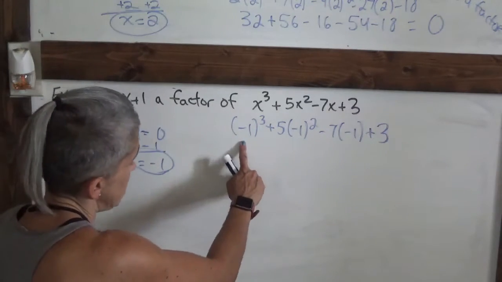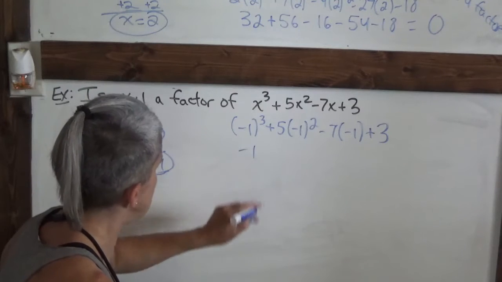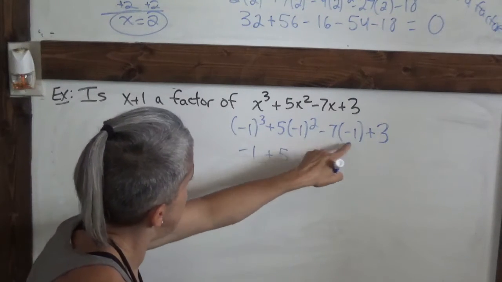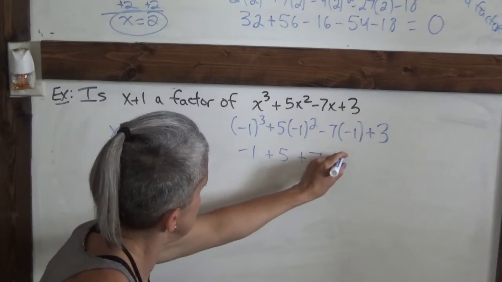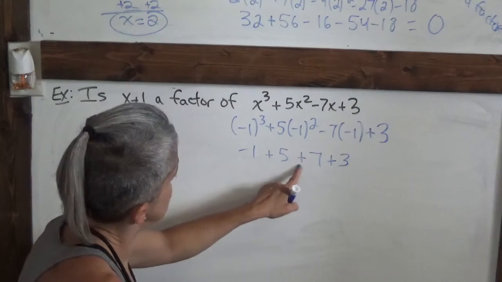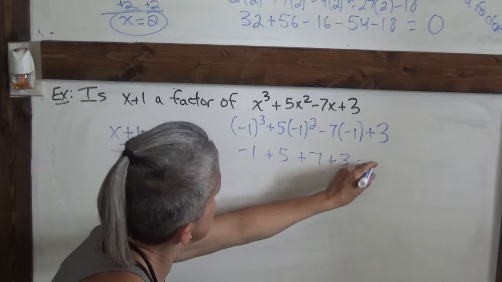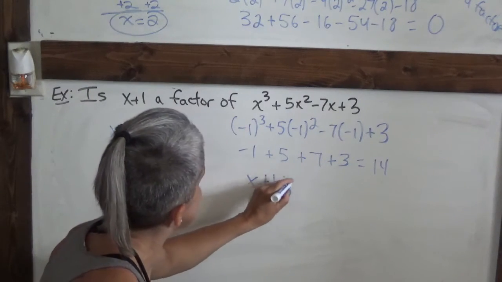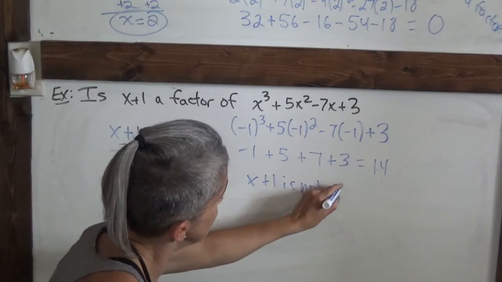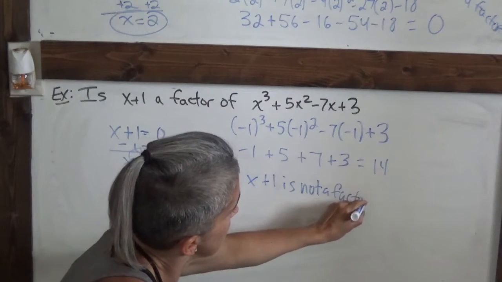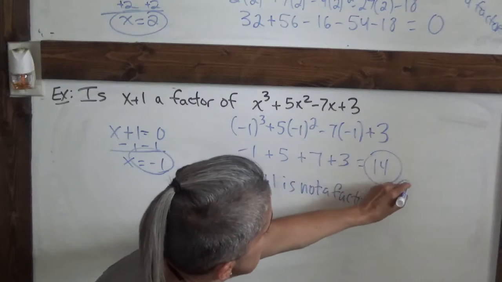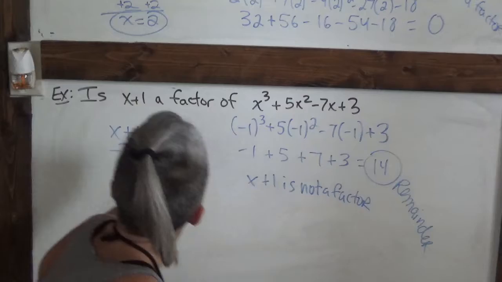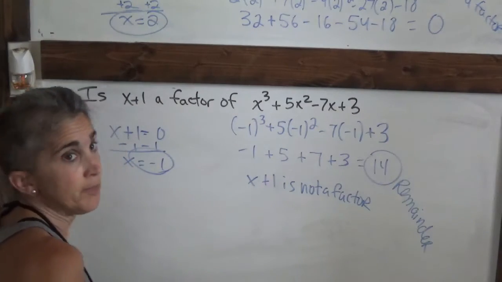Be careful with your negatives. So this is negative 1, positive 1 times 5, positive 7 plus 3. This is 4, plus 7 is 11, plus 3 is 14. That means x plus 1 is not a factor. That means that 14 is the remainder if I was to divide x plus 1 into that.